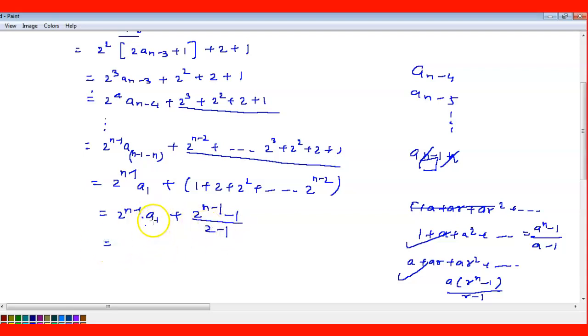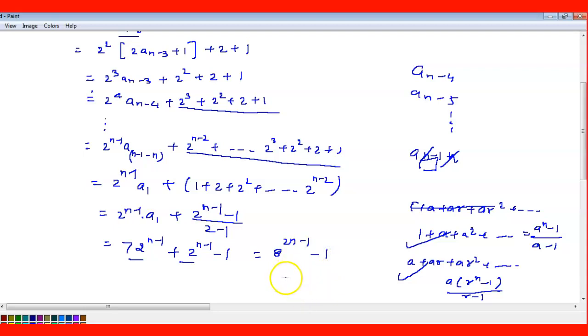So I can write a1 is 7: 7 into 2 to the power of n minus 1 plus 2 to the power of n minus 1 minus 1. Getting here? So this and this will be added here. So we can write 8 into 2 to the power of n minus 1 minus 1.